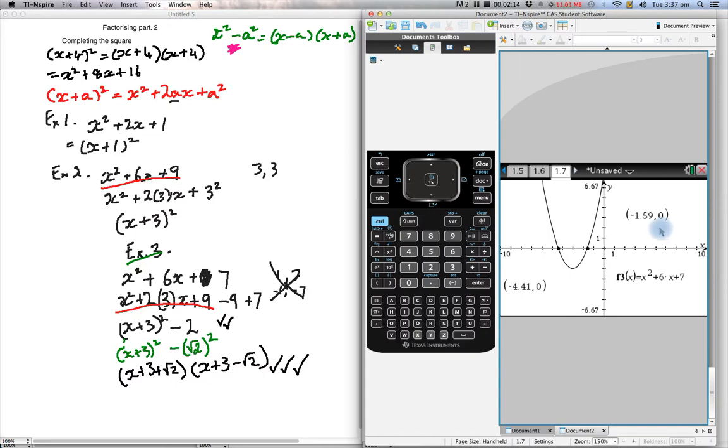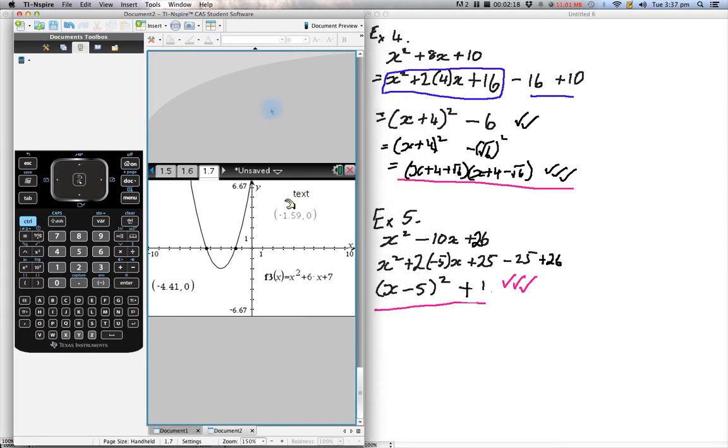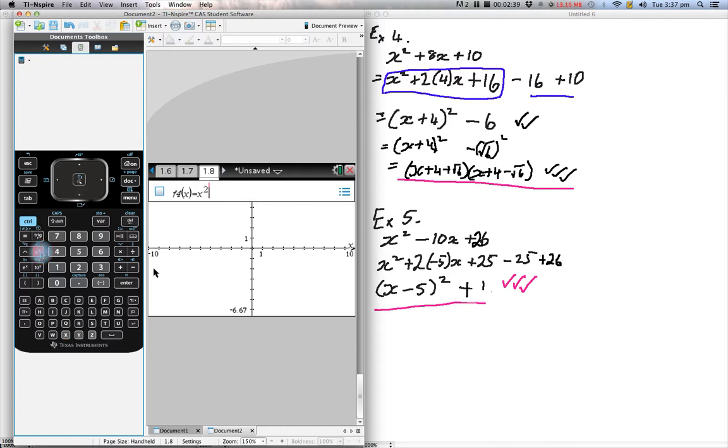Let's now try example 5 and find the intercepts for example 5. So this is the example, remember, where we weren't able to fully factorize it. So let's open up a new graphs page. Okay, so x squared minus 10x plus 26.